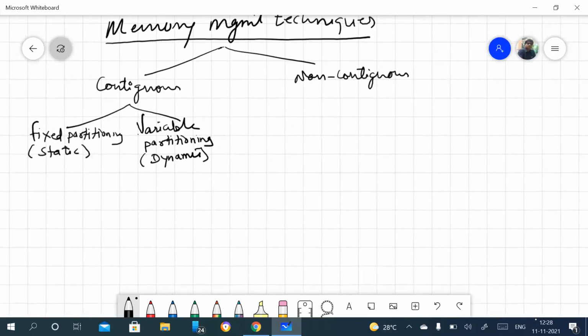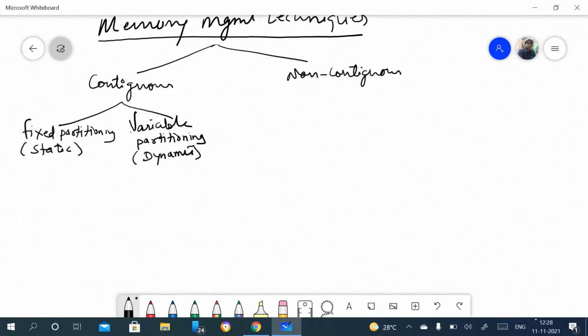And when we consider non-contiguous, there are 5 types, and these are the important types. We'll just focus on these non-contiguous types. Here the first one is paging. This is one technique. Then second is multi-level paging.